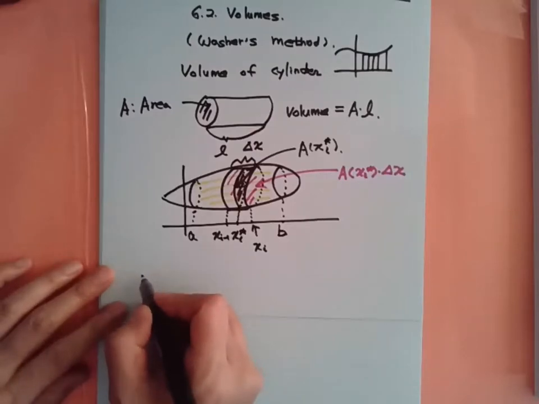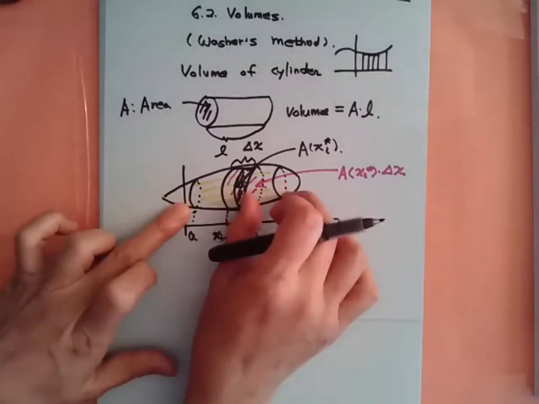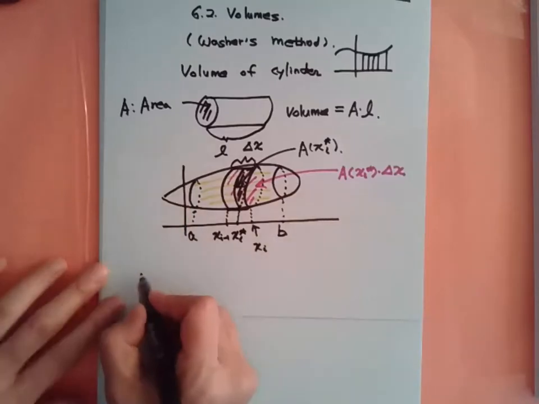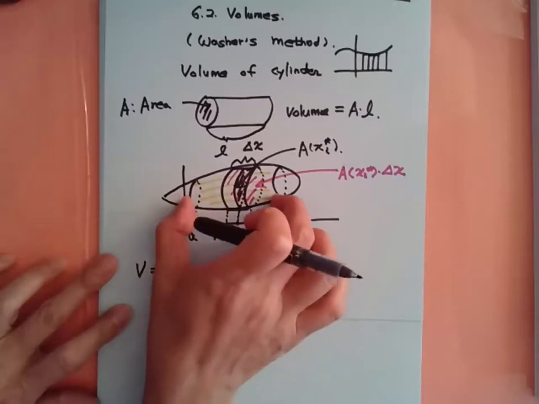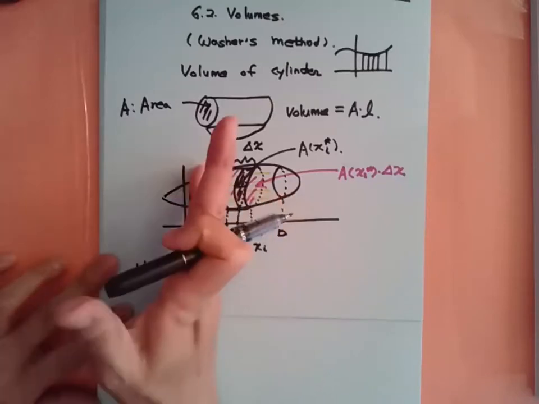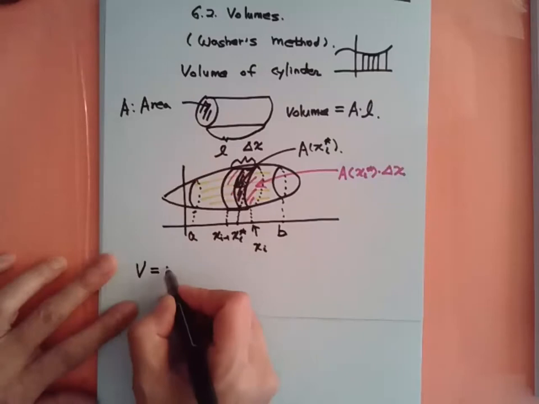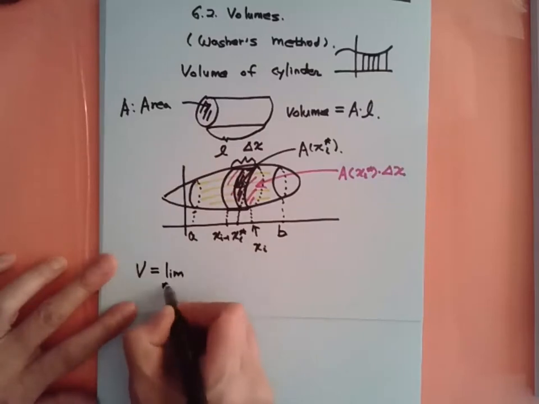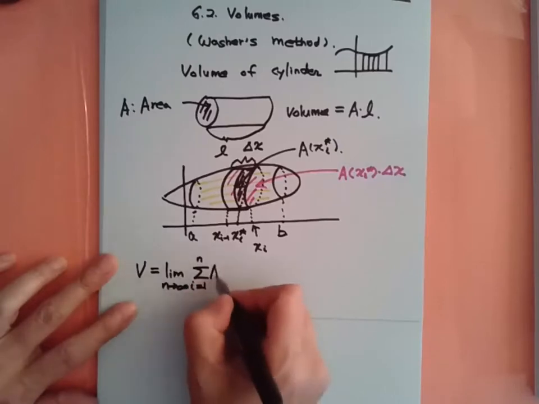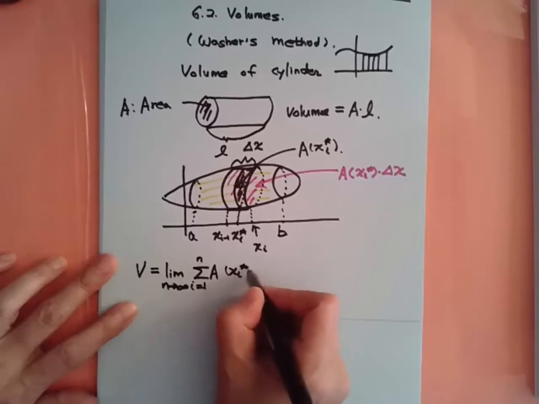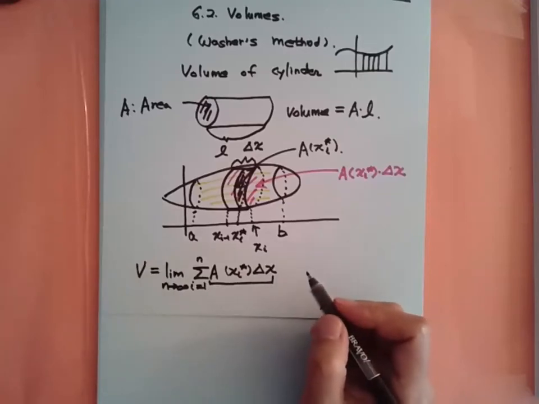So the volume can be calculated by adding all of those cylinders' volumes. And eventually, that sum will approach the actual volume when we dissect this region vertically with infinitely many cylinders. That can be expressed as limit n goes to infinity, summation i equals 1 to n, A of xi star delta x, so one cylinder's volume.